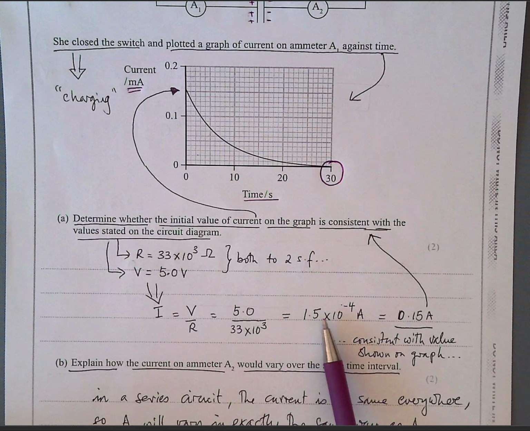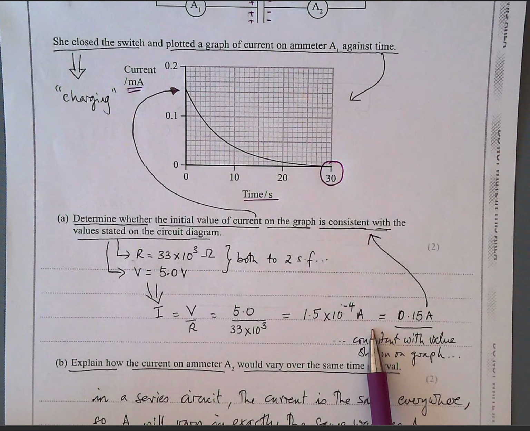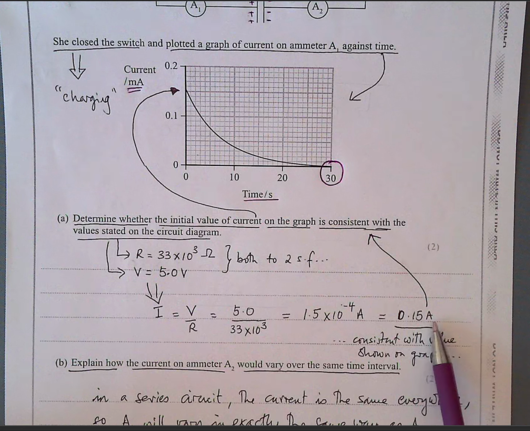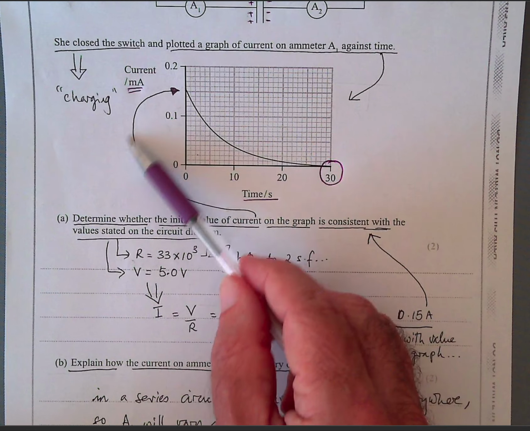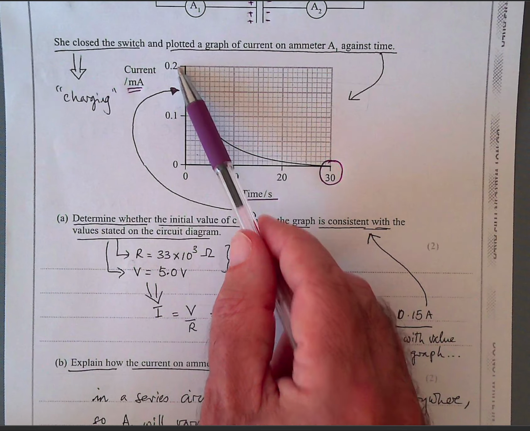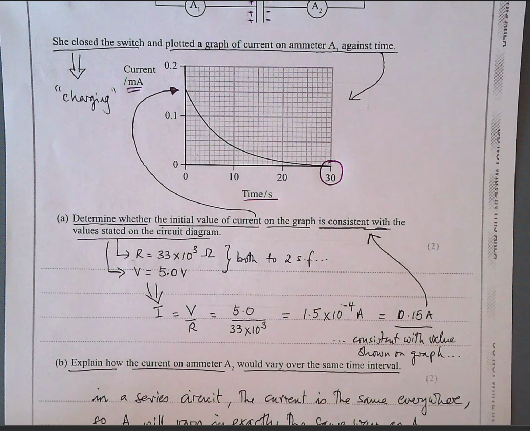That gives 1.5 times 10 to the minus 4 amps, which is 0.15 milliamps. So you then say this is consistent with the value shown on the graph, because the value shown on the graph is here, halfway between 0.1 and 0.2, so it's the same as the value shown in the graph. So you can see the calculation backs up what the current should be at the maximum rate.